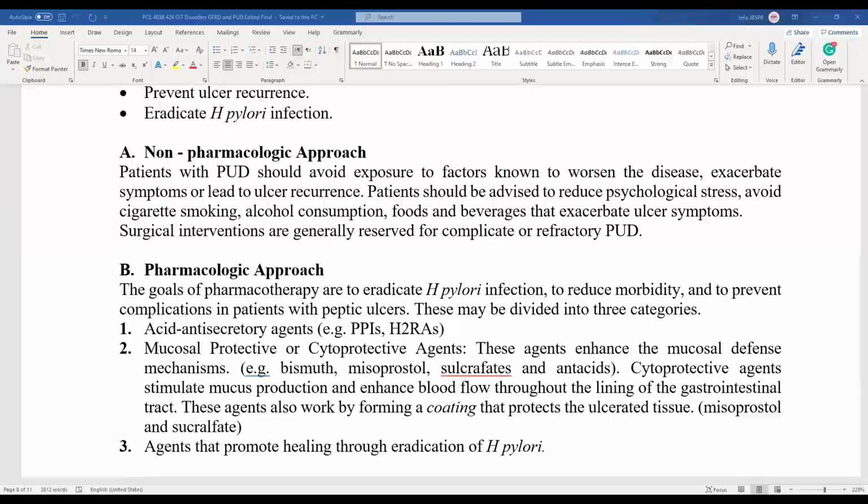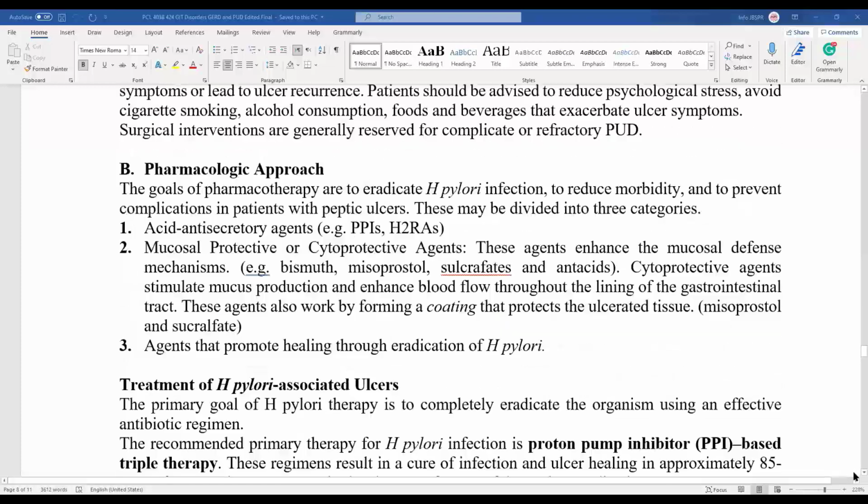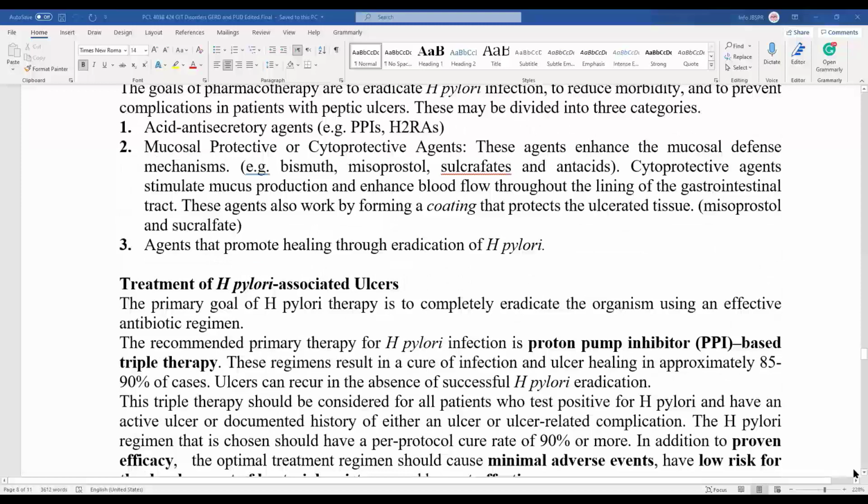So we have anti-secretory agents, the proton pump inhibitors and the H2 receptor antagonists. Then we have mucosal protective agents like bismuth or misoprostol, and then agents that promote healing through eradication of H. pylori.